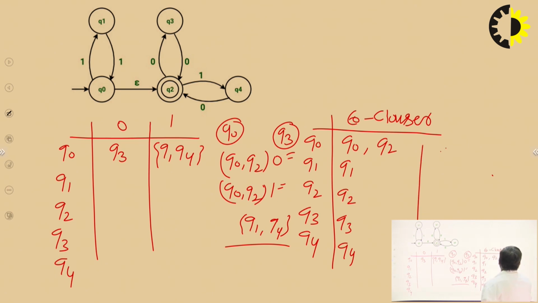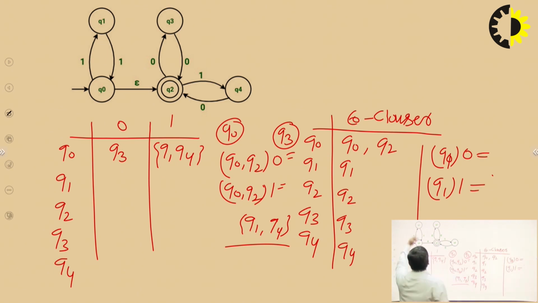Now for Q1 we check the transition on 0 and on 1. On 0, no transition is available, phi, and from Q1 on 1 the transition is Q0.